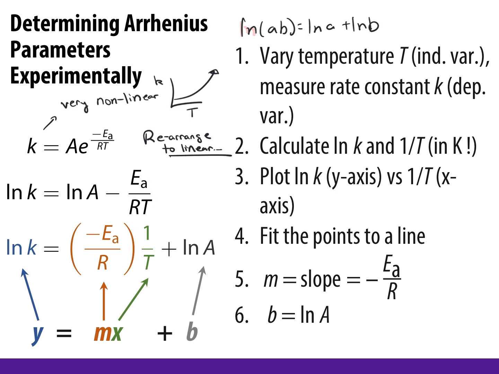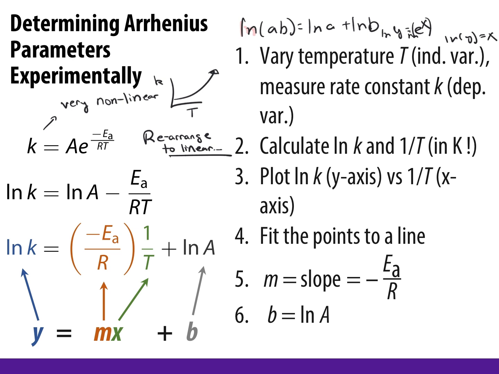Again, the thing you need to know from previous math classes is that if I have, let's say, y is equal to e to the x, to get x out of the exponential there, I have to take ln of both sides. So if I take ln of both sides, I get ln of y is equal to x.